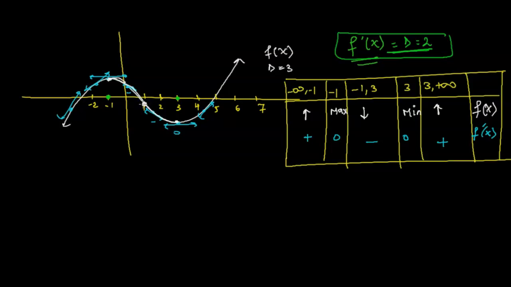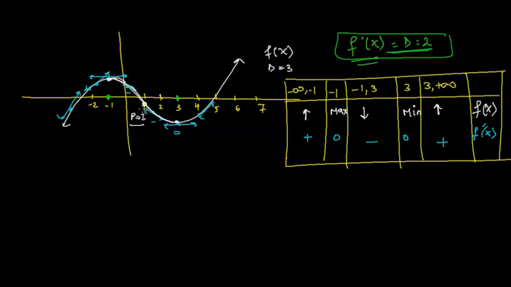This point is also called the point of inflection, because this point that is right in between the max and the min, or right in between the min and the max of a given function, is also called point of inflection. Point of inflection, in the later lessons we would learn, is the point where the function changes its concavity.